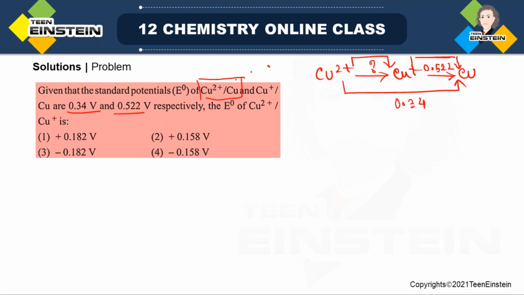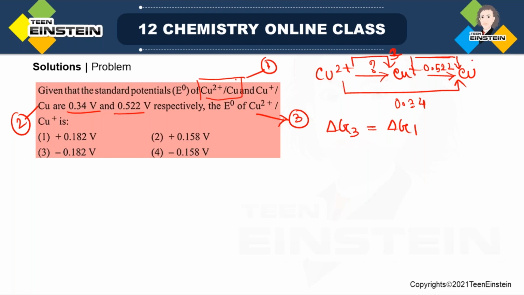So how will we start? Suppose this is system 1, this is system 2, and this is system 3. So del G3 will be equal to del G1, because del G1 is which system? Cu2+ to Cu. This is system 1. This is system 3, because Cu2+ to Cu+.